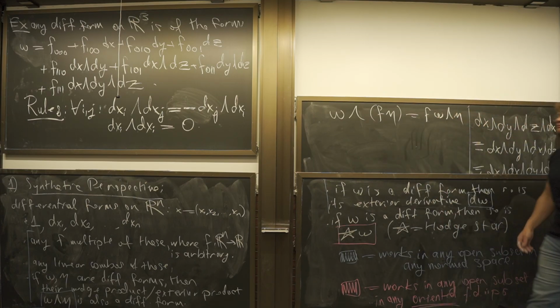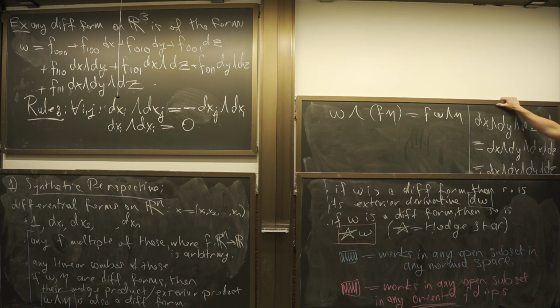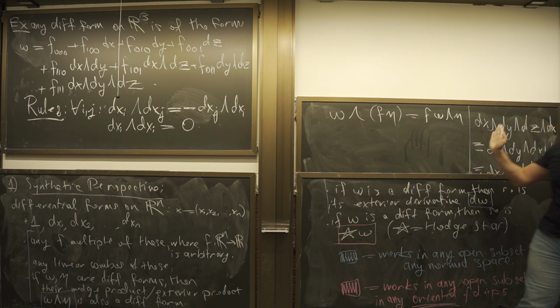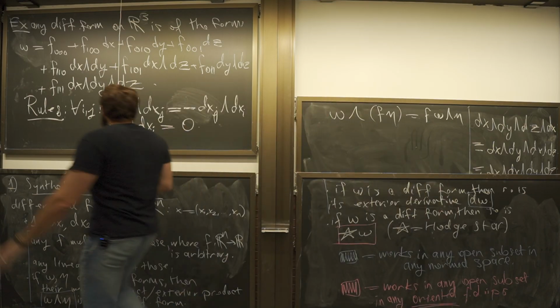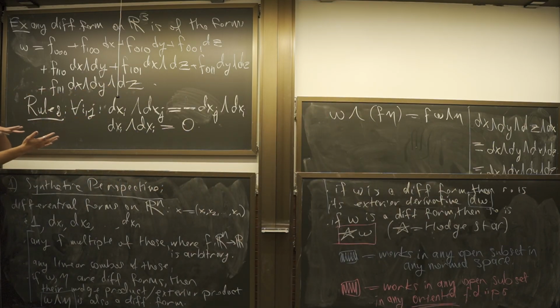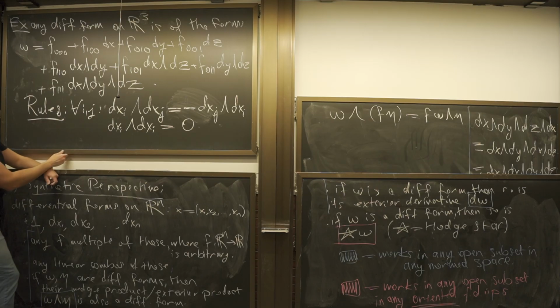Okay? For free. Doesn't do anything. Okay? So really, even though in the middle, when you're doing these wedge operations, you could have function multiples, you can always take them all the way to the beginning. Okay? These are the wedge rules.